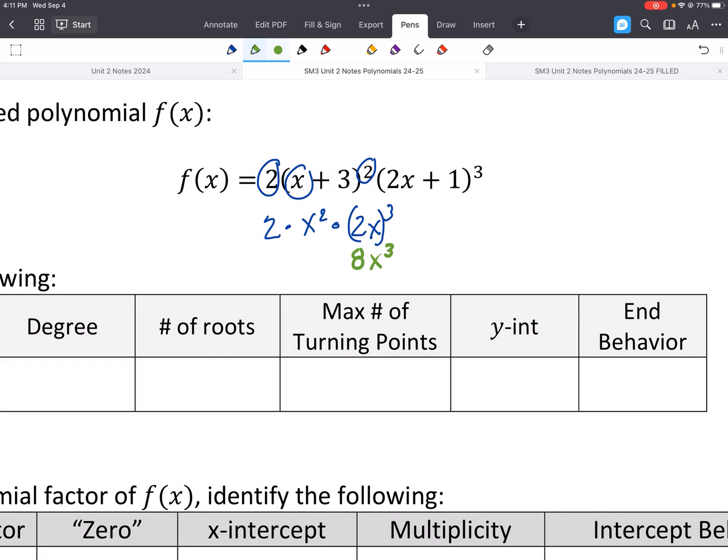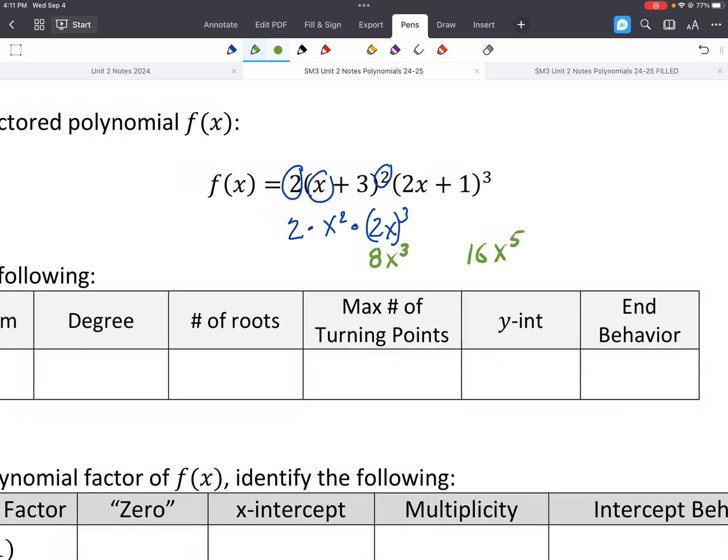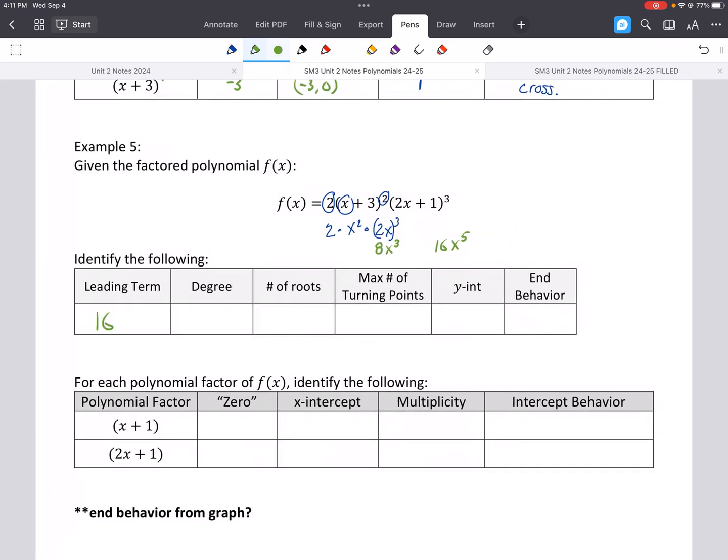Then we'll multiply the rest of the way. We'd get 16x to the 5th. So we have a degree of 5. Roots is 5. Turning points, again, is 5 minus 1, which is 4.